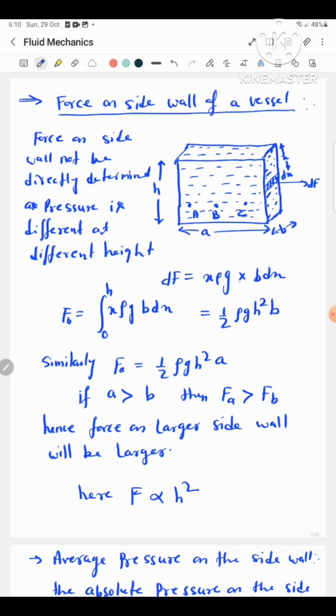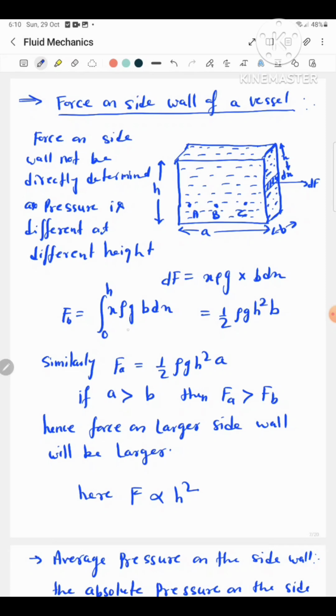Pressure into cross-sectional area is the elemental force, meaning the force acting on this elemental strip. So the total force on the side wall of length b will be the integration of dF from 0 to h, as x varies from 0 to h: the integral of x rho g b dx is equal to half rho g h square b.